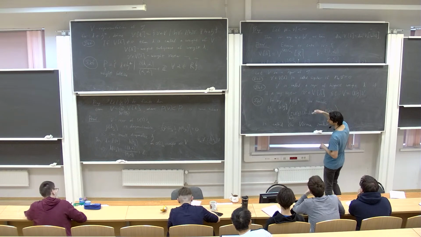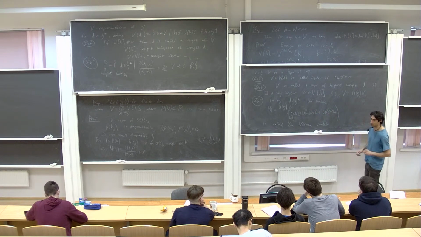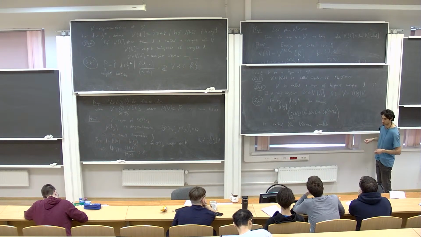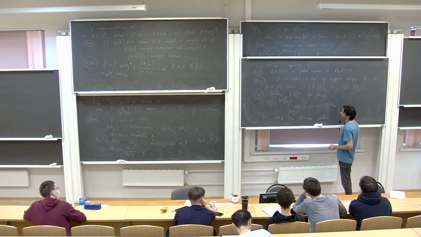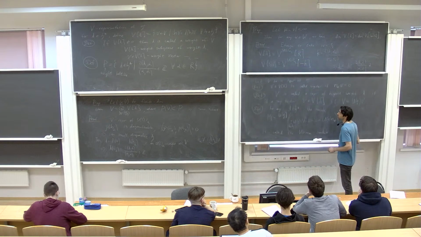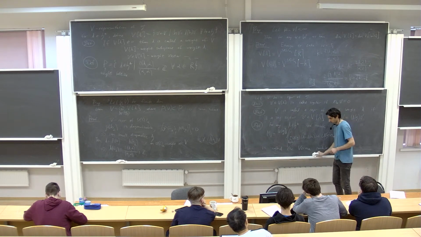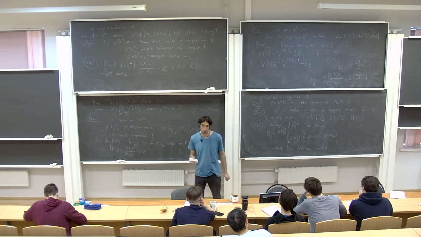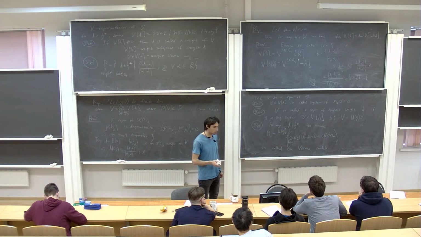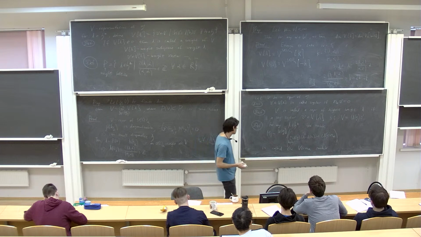We will need them to classify all irreducible finite dimensional representations. Okay, so this goes in parallel with what we saw for SLN. Why is it highest weight?